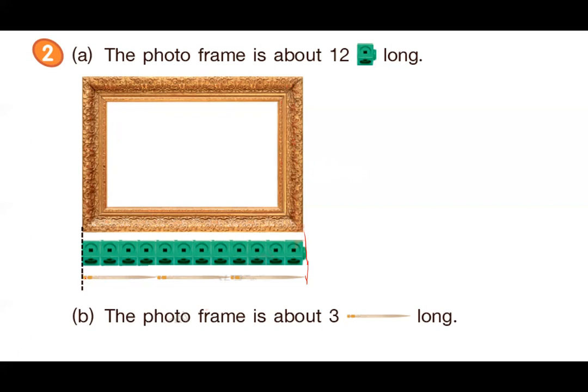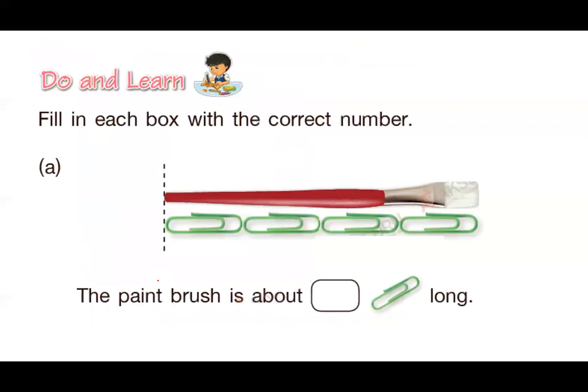For example, I cannot use a pencil here, then use a book, because it will give me a wrong measurement. So I must choose something that is the same and use it to measure the length. All right, let's do some practice.